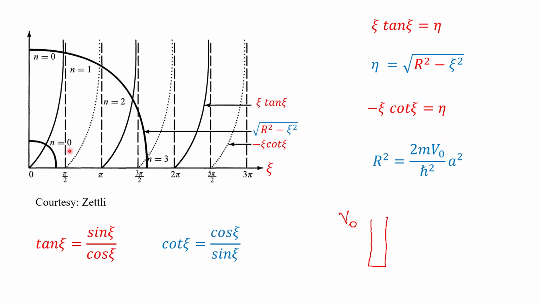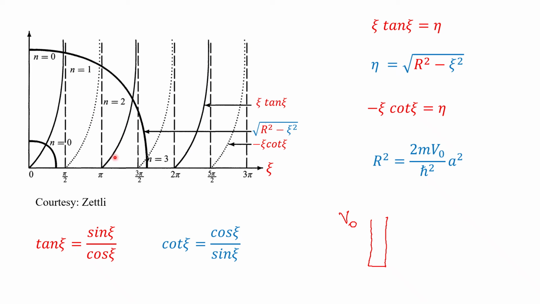Then this curved line is equal to the square root of r squared minus z squared. This solid line is for tan z, because tan z goes to infinity at odd multiples of pi by 2, that is pi by 2, 3 pi by 2, and 5 pi by 2. You can see the solid line.